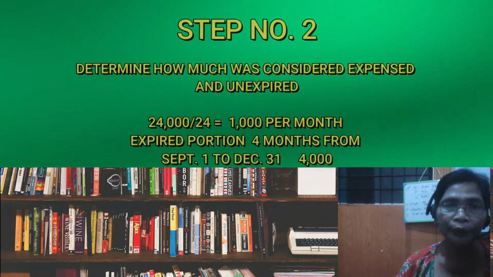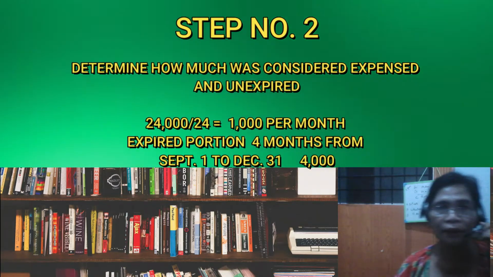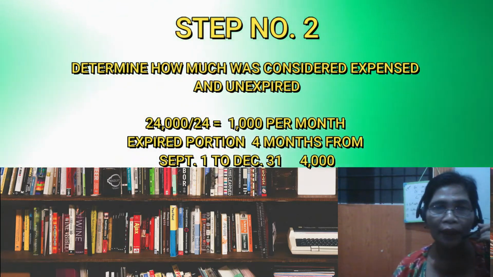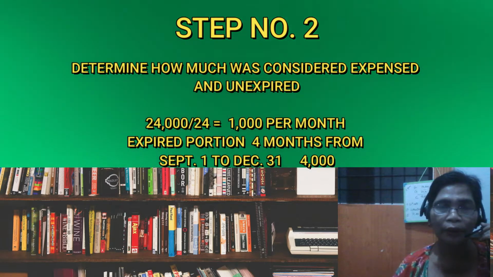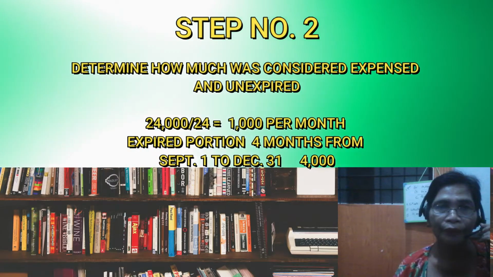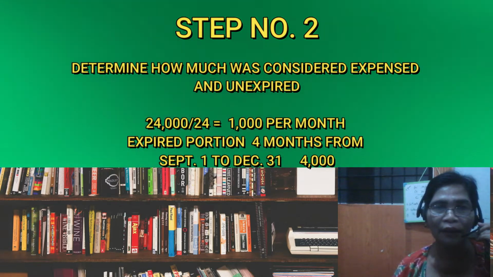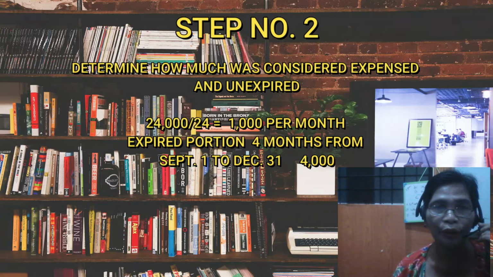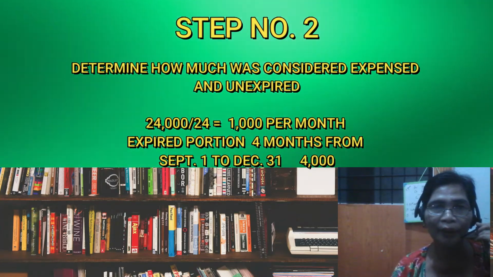Number two, which will be done at the end of December 31, 2019, you have to analyze the unexpired portion and the expired portion. 24,000 divided by 24 months, the company has 1,000 per month insurance expense. So you have already determined the monthly expense.